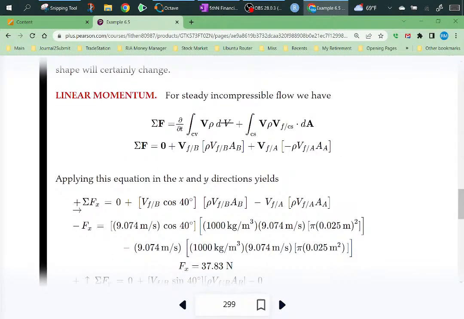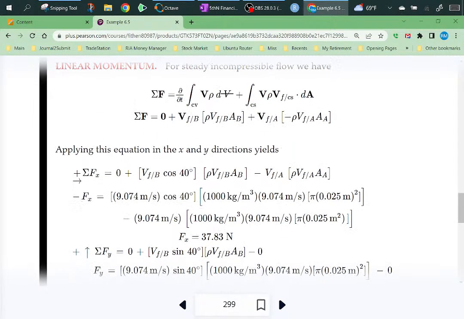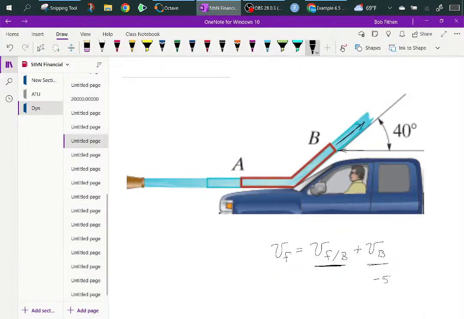What's interesting is he says the velocity of the fluid relative to B times the cosine of 40. That's because it's 40 degrees.